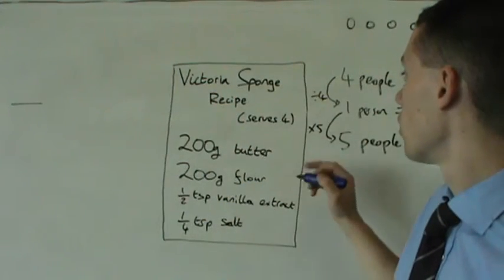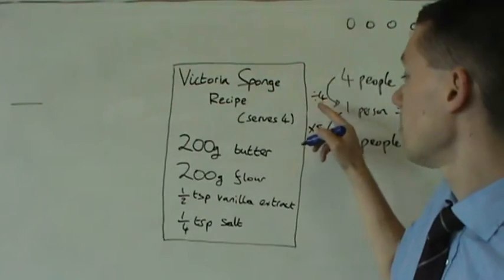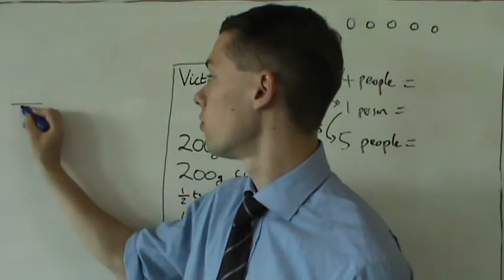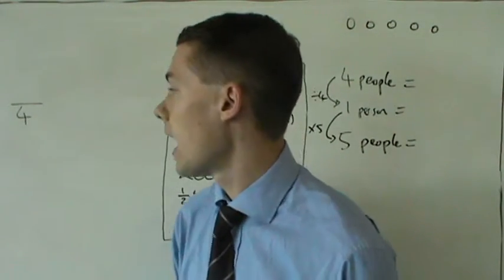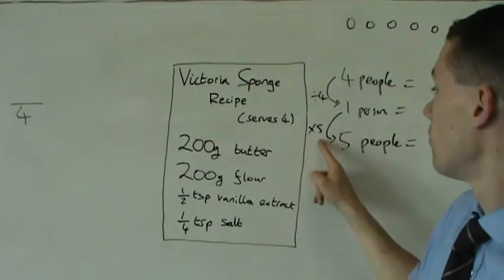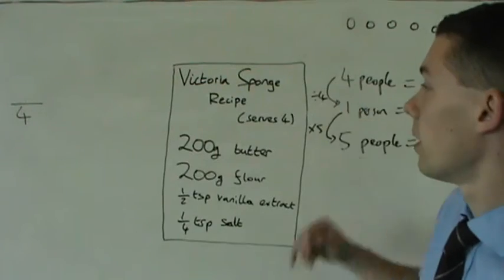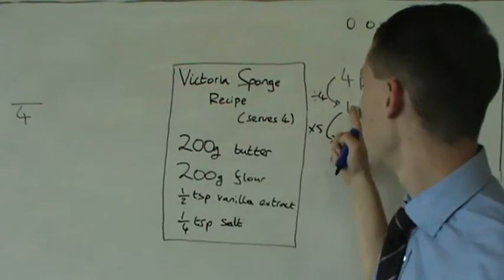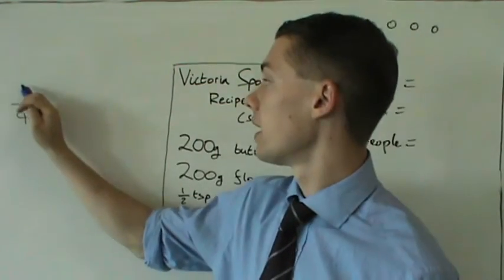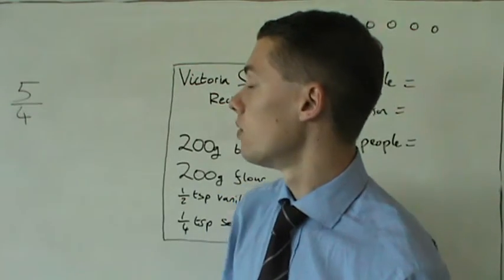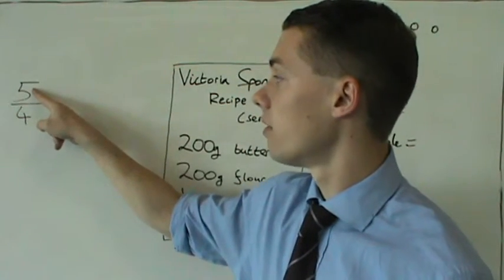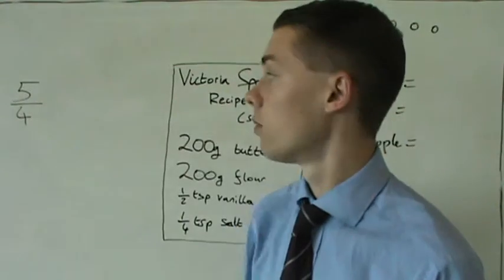So we've got divided by 4, and we're going to multiply by 5. So at the moment it was 1 person, but we're going to multiply the 1 by 5 to make it 5. So we've now got timesing by 5 and dividing by 4.